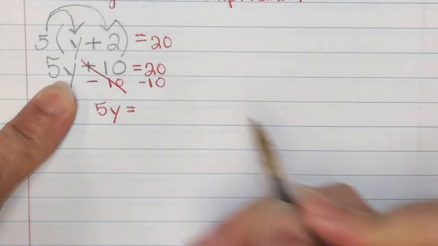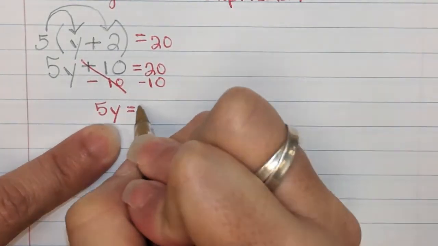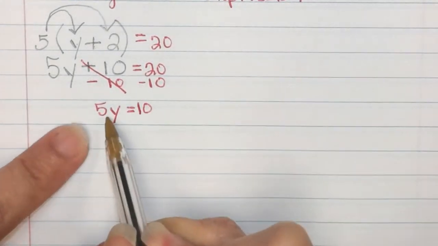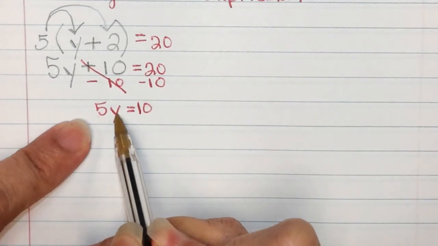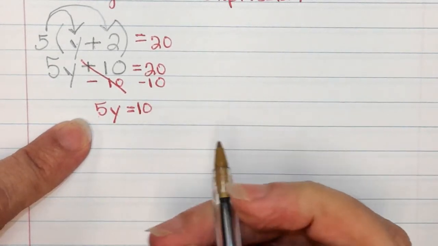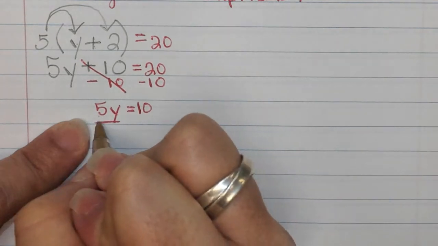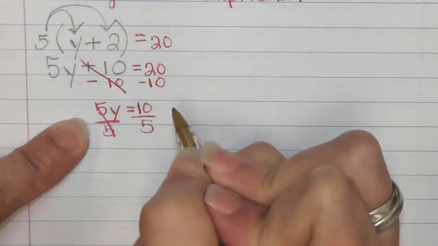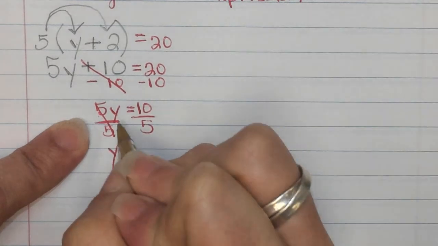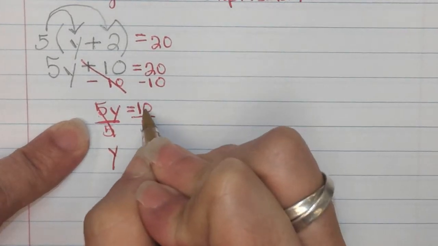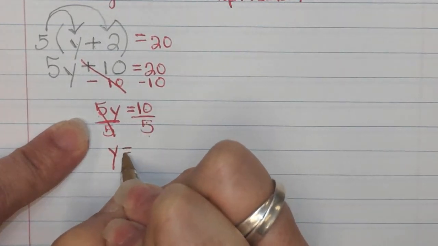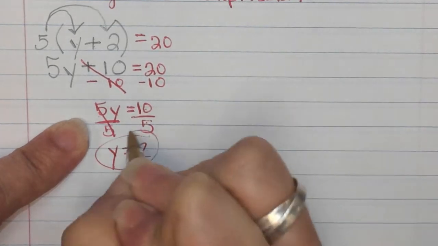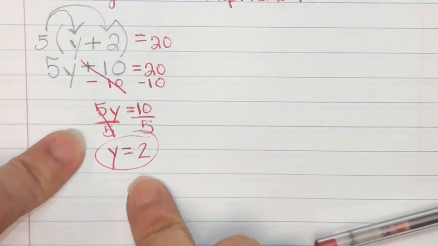What is 20 minus 10? 10. Okay. Now, you have a 5 times a y. What's the opposite of times? Divide. But what you do to one side, you got to do to the other. That's why I subtracted 10 on both sides. That leaves me with just a y. And 10 divided by 5 is 2. You just solved an equation.